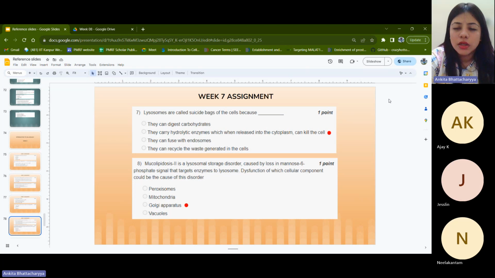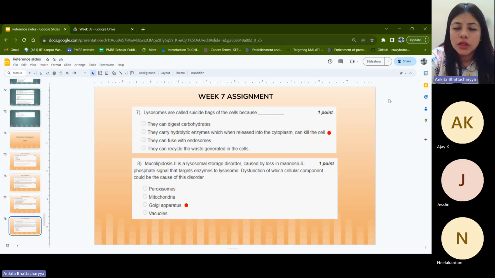This is just an example given here. It is a lysosomal storage disorder where mannose-6-phosphate is lost, and this signal under normal circumstances is responsible for lysosomal targeting of enzymes that have been synthesized. When it is not present, it leads to this disorder known as mucolipidosis 2.